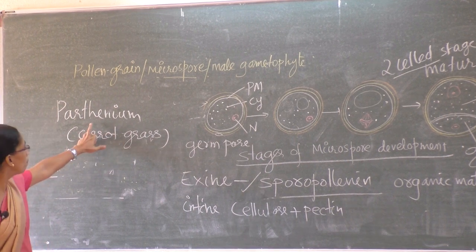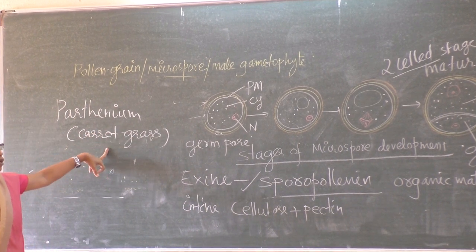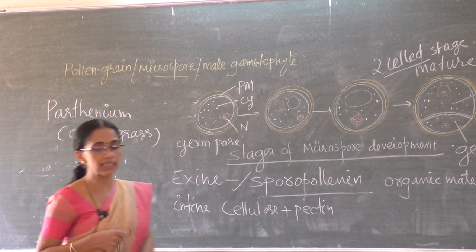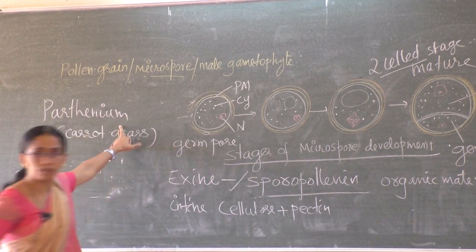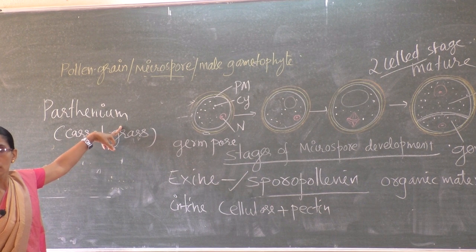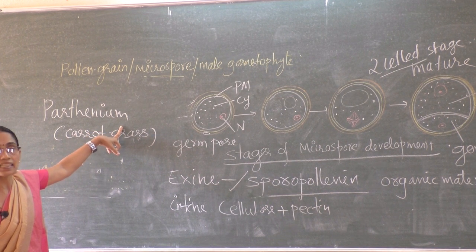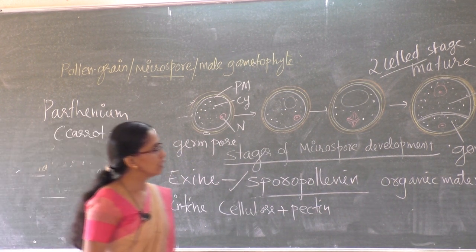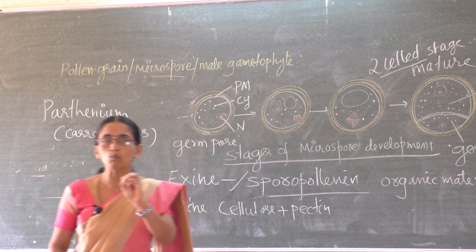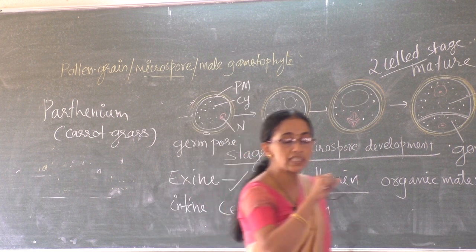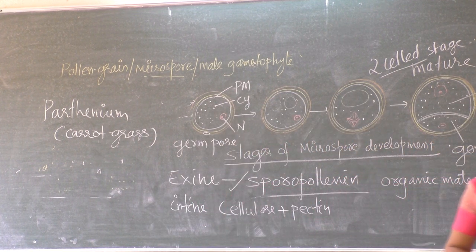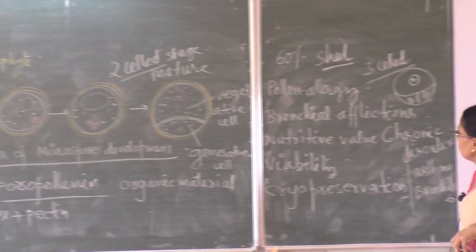One example is Parthenium, carrot grass, which came to our country through imported wheat as a contaminant. Few pollens cause bronchial afflictions, pain in the lung, which leads to chronic disorders like asthma and bronchitis.